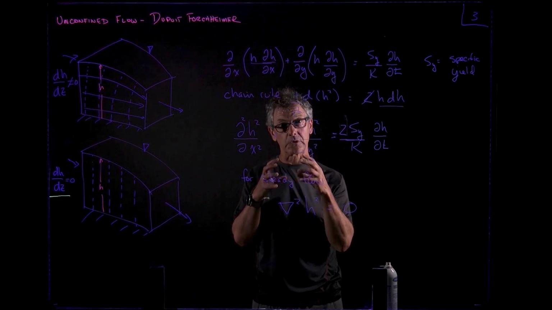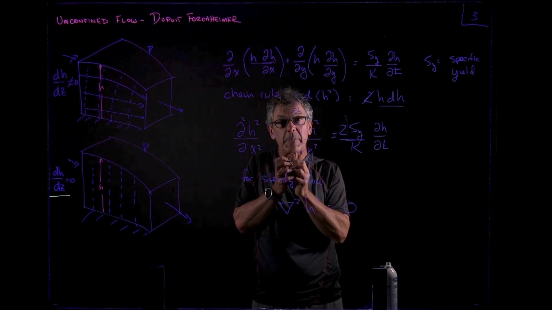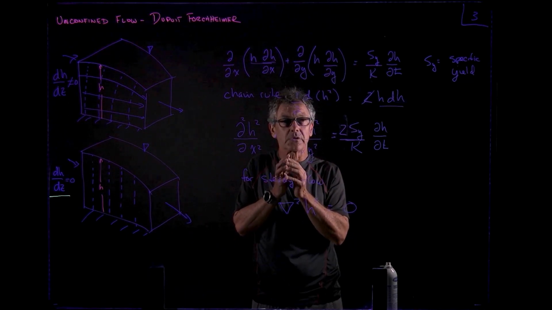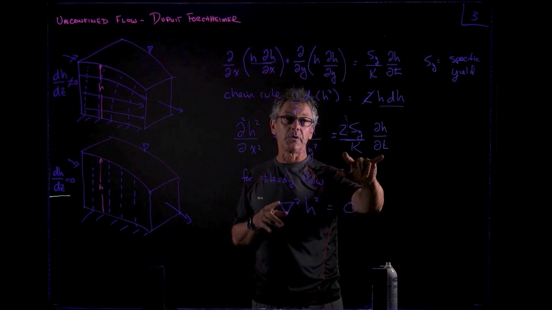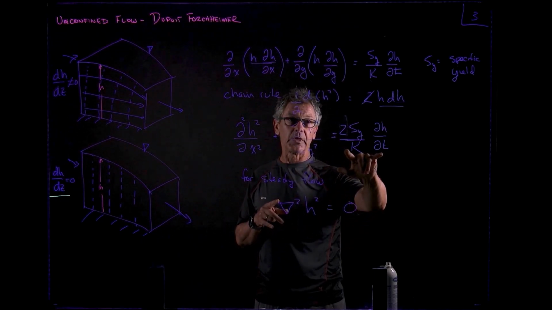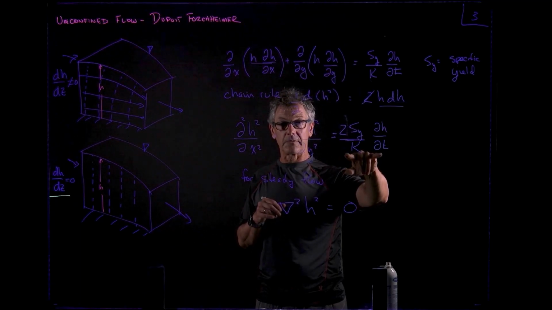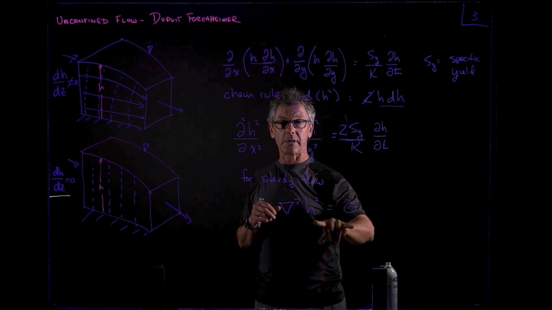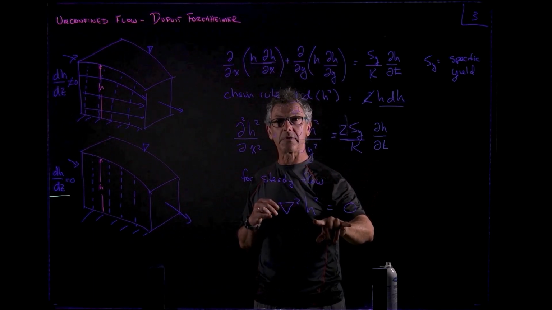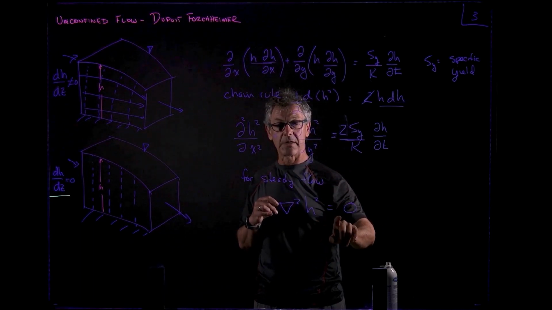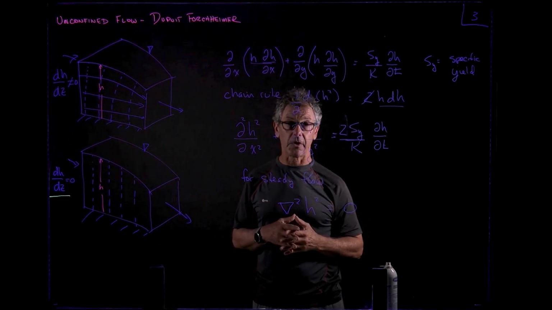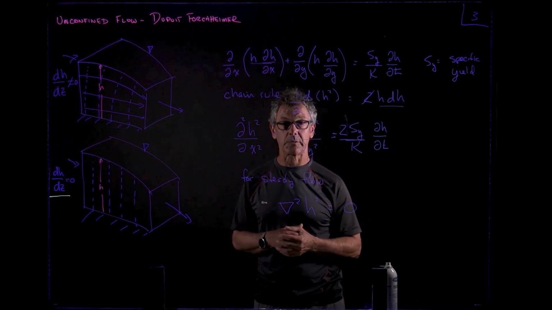When we reduce the pressure, the grains expand just a tiny bit, and that produces a little bit of water for storage. So this is going to be a much larger term in unconfined flow than it is going to be in confined flow, making this assumption maybe a little more difficult to make, assuming steady flow, because that storage could actually be quite significant.